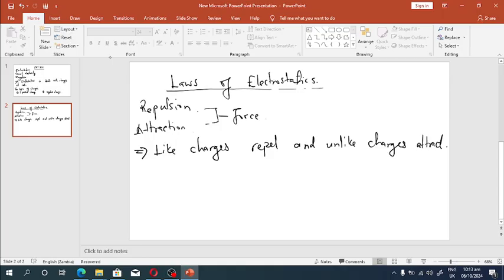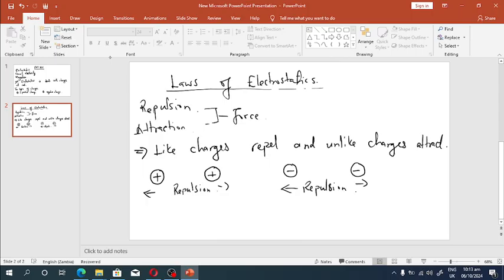And so what we are simply saying is that if we have two charges, one is positive, the other one is also positive, because the charges are the same, there's going to be repulsion, meaning that they will move away from each other. It will simply be the same thing even if we have both as negative charges, we'll still have a repulsive force. So repulsion is going to take place.